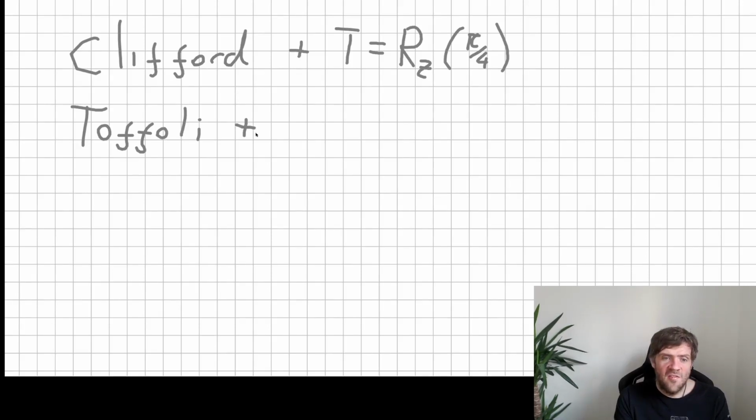And the only thing you need to add to that to make a universal gate set is the Hadamard. So using these two things together, you can do any arbitrary single qubit rotation is what is implied by that, which is kind of mind-blowing.